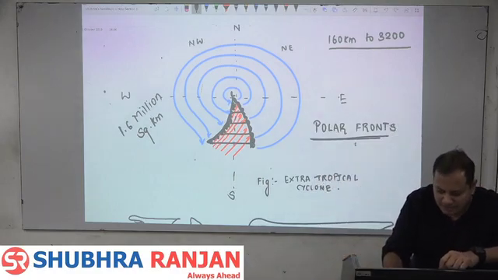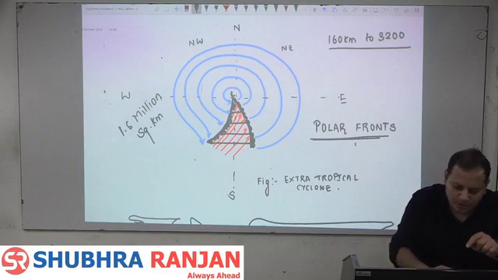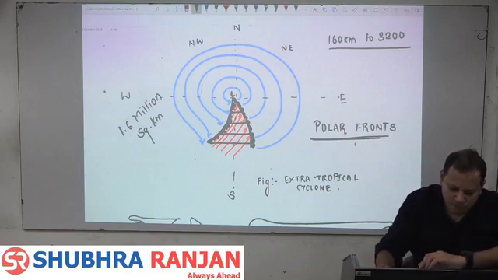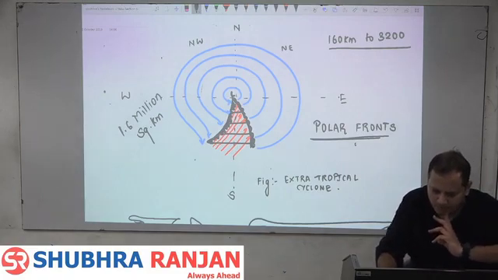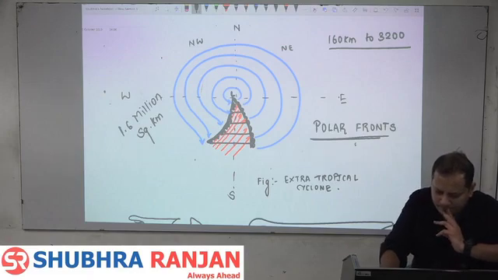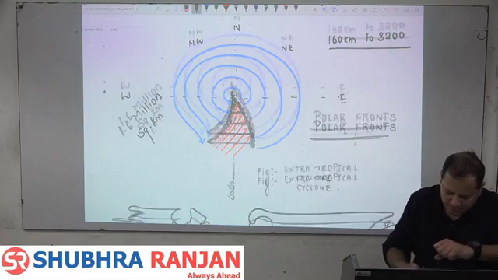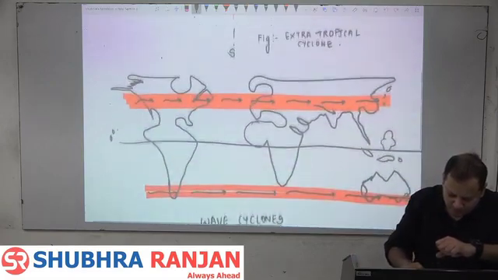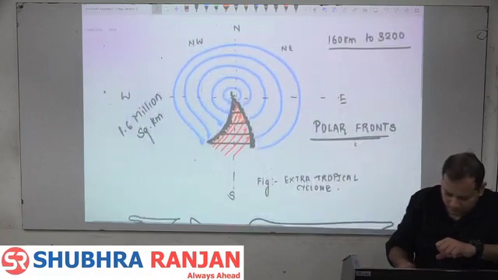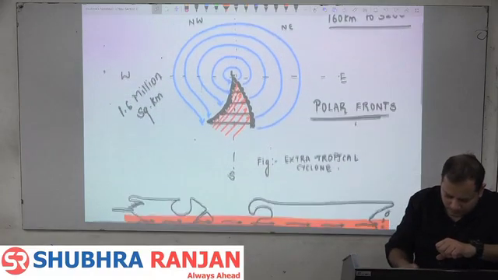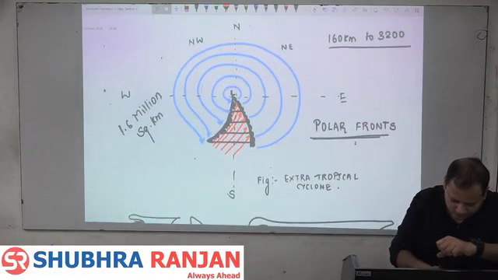Next, the vertical extent is around 10 to 12 kilometers. Understood?